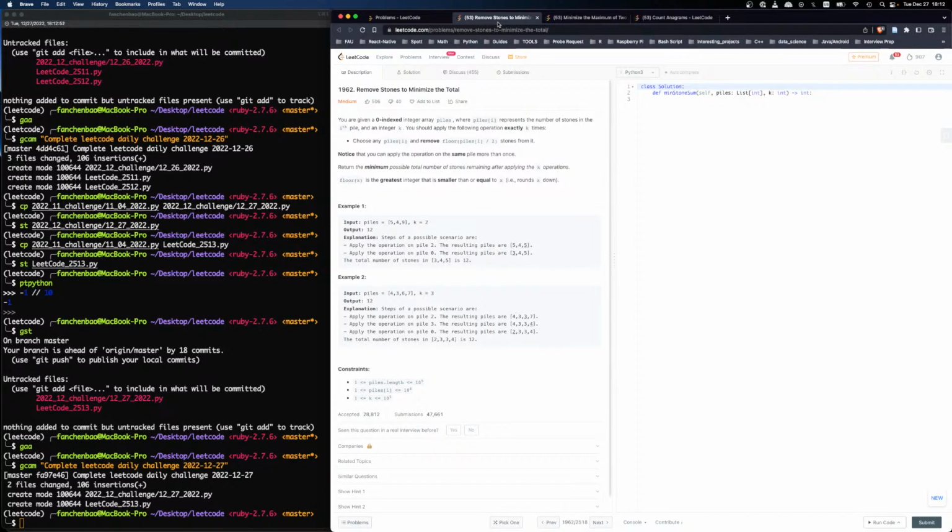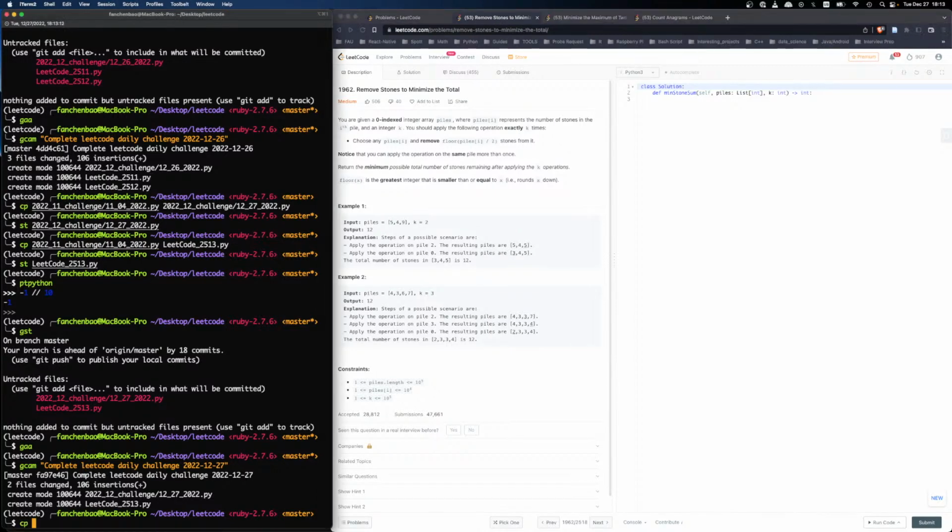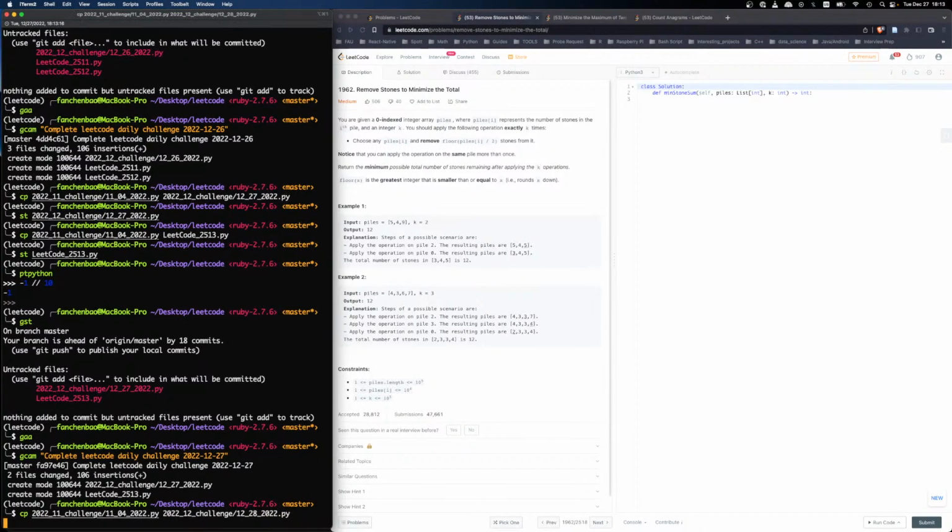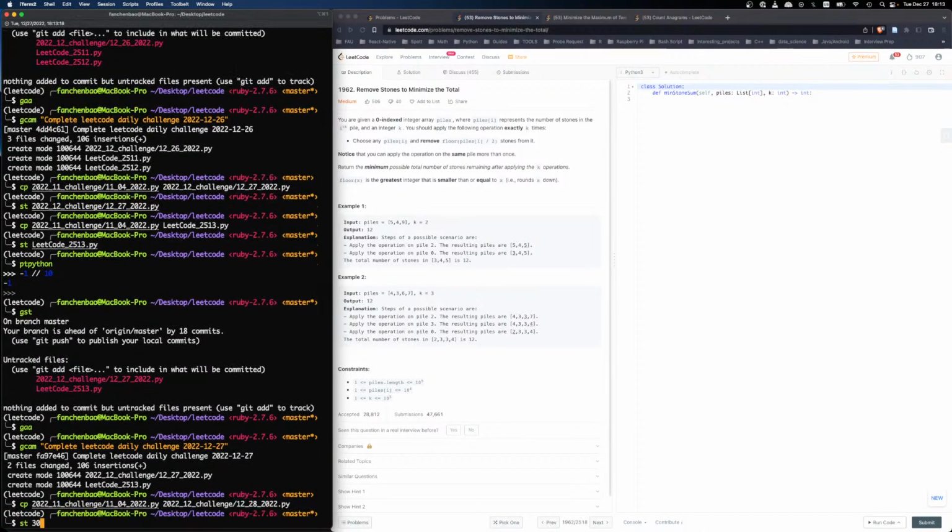So this becomes very clear. We're going to turn piles into a min heap, so we can always pop out the biggest value, divide it by 2, push it back, and pop again. We do it k times, and then we return the sum. Yep, that will be my solution for this one. Wow, this is not a terribly difficult one.